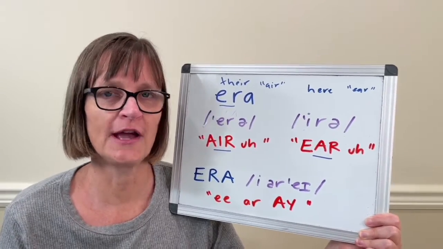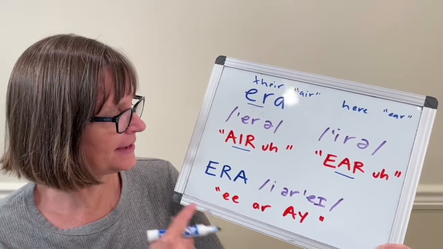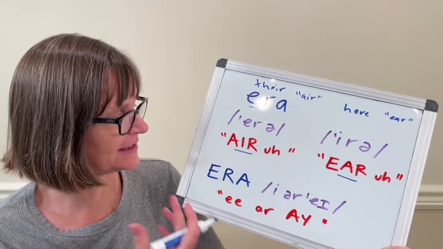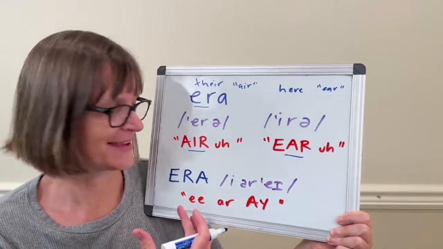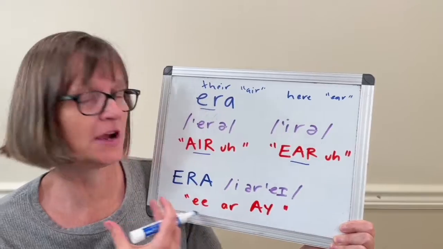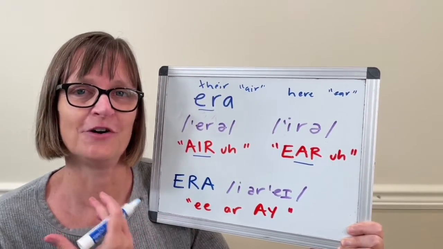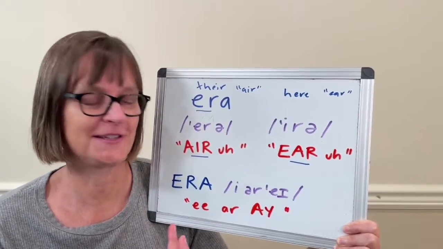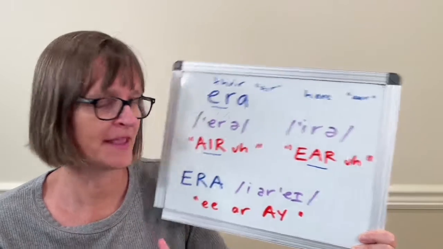And then when we look at the acronym ERA, or it's not exactly an acronym, but the letters ERA, it can stand for earned run average in baseball statistics or equal rights amendment.